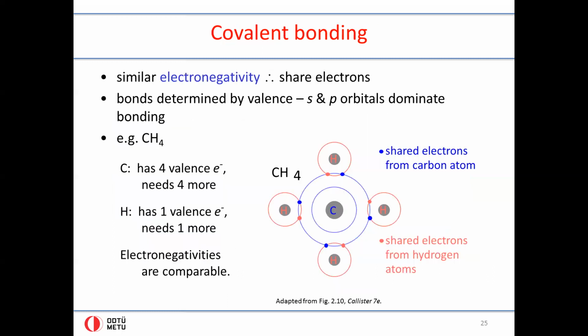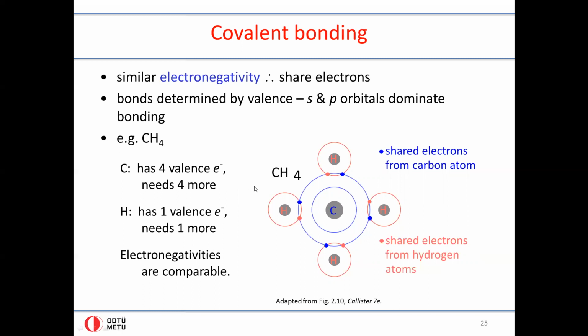Okay, so then covalent bonding is a little different. Covalent bonding happens between atoms of similar electronegativity, or certain types of atoms are able to bond covalently. An example is methane, CH4.